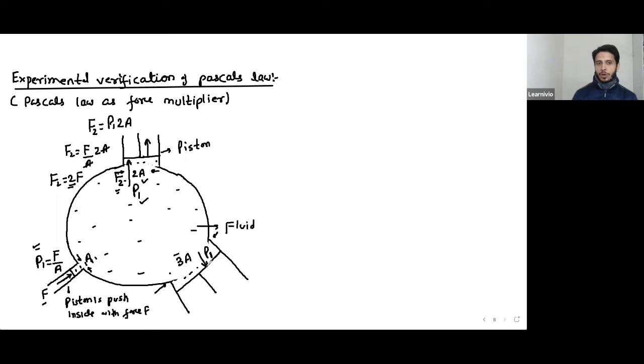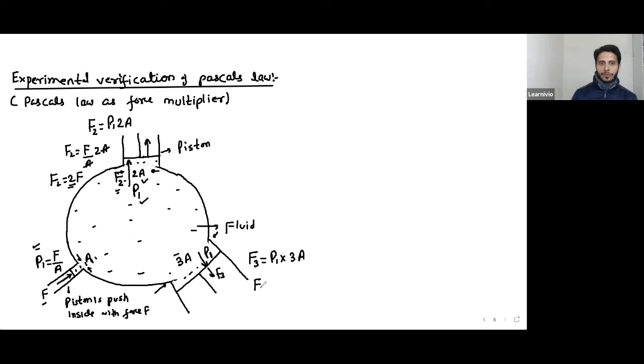Similarly here, if you want to calculate F3, because when you push this liquid inside, this liquid will push this piston outside with the force F3. How would you calculate F3? F3 will be pressure multiplied by area, which is 3A.